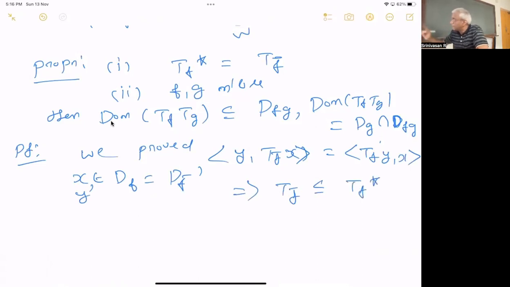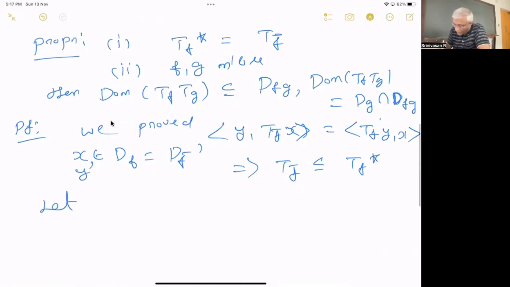We only have to prove that T f star is equal to that. We have to prove that if something is in the domain of T f star, then it is in T f bar. So let y be in the domain of T f star. What does it mean to be in the domain of T f star?